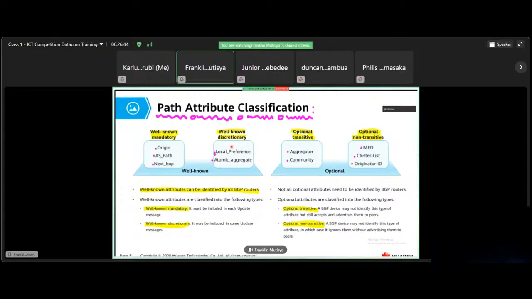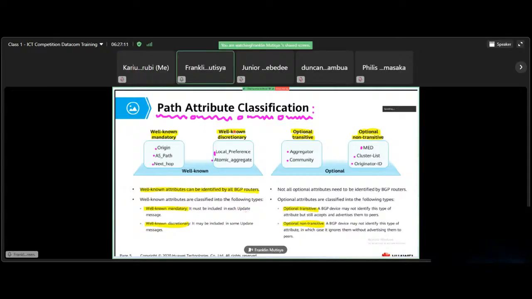Now they are categorized into two: well-known mandatory attributes and well-known discretionary attributes. Well-known mandatory means it's a must that they be included in the update message. Remember, update messages are BGP messages that are used to carry BGP routes to neighbors.